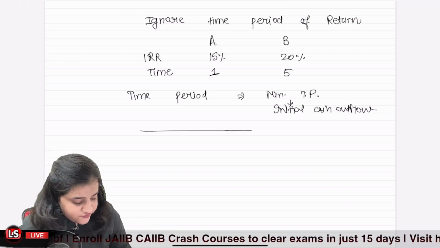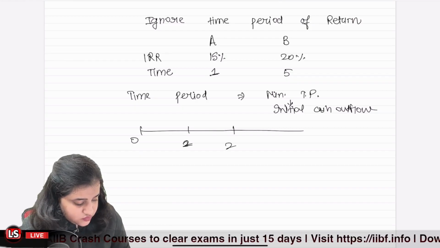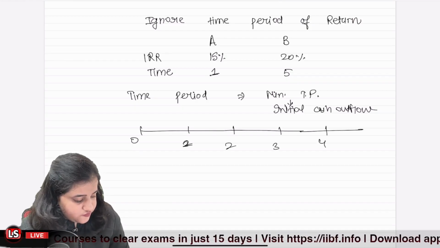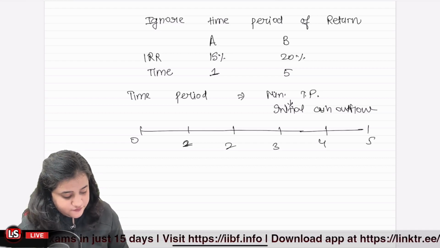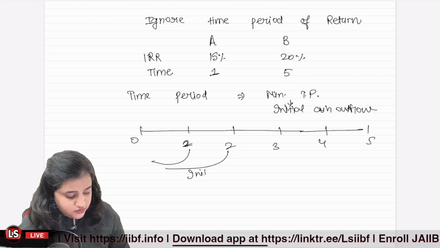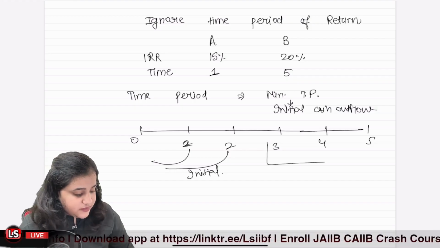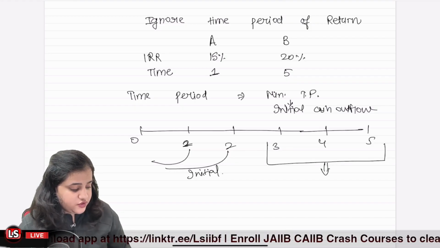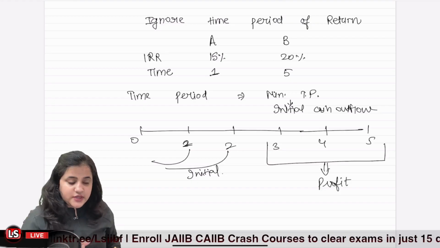If I invest for 5 years, 1, 2, 3, 4 and 5, if I've invested for some time, the return will only cover my initial cost, and once my initial cost is covered, then the remaining part that I'm going to get is going to be my profit. So this is the concept used in the payback period approach.